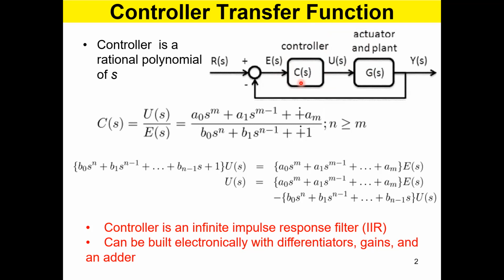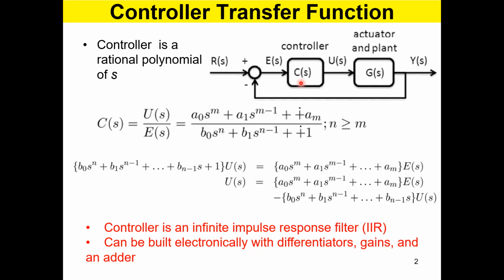Now recall the few controllers we dealt with so far, right? We looked at PID, we looked at servo loop tuning, shaping, using a lead compensator, lag compensator, gains and all.